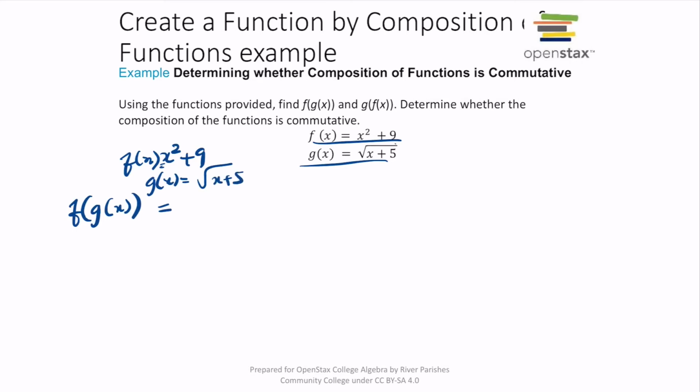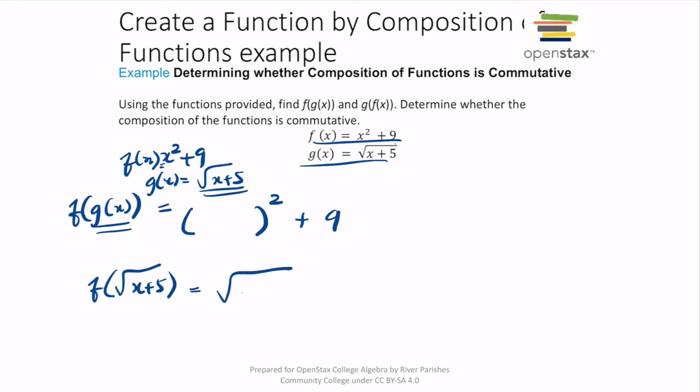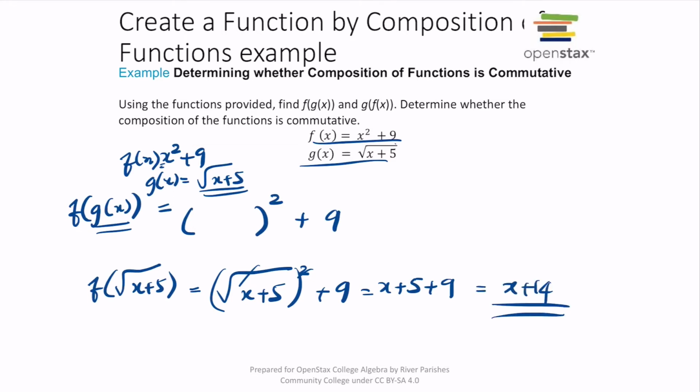Just write down f(x) but without writing x first: x square plus 9, but in place of x we have to replace it with the value of g(x). So f(root of x plus 5) equals root of (x plus 5), squared, plus 9. The square and root cancel, so you get x plus 5 plus 9, which becomes x plus 14. So the value of f(g(x)) is x plus 14.